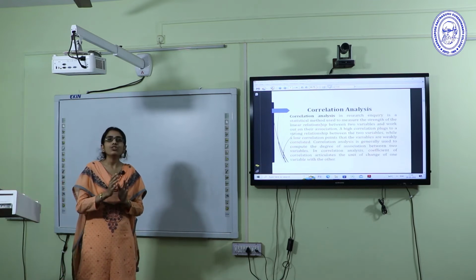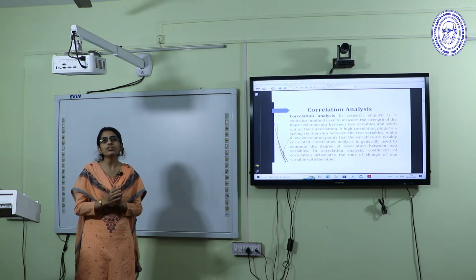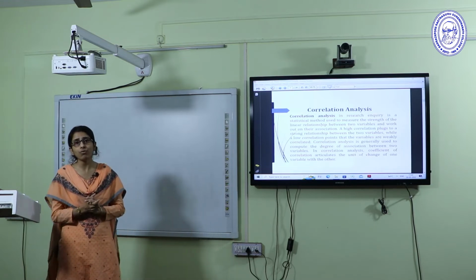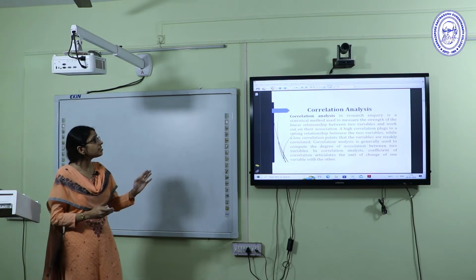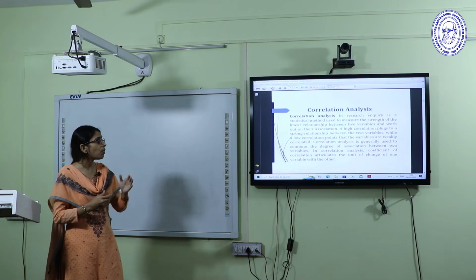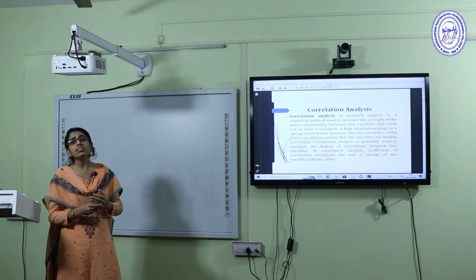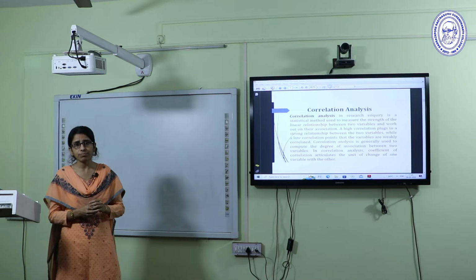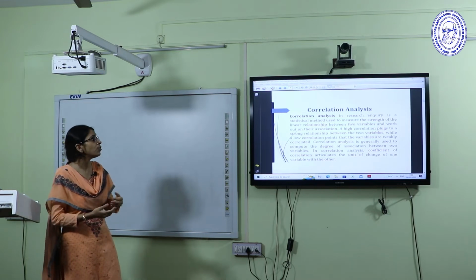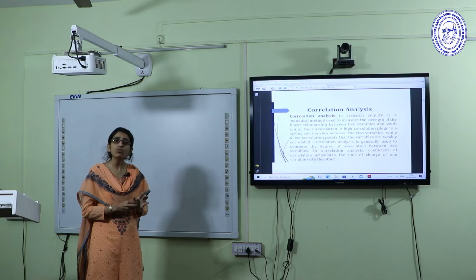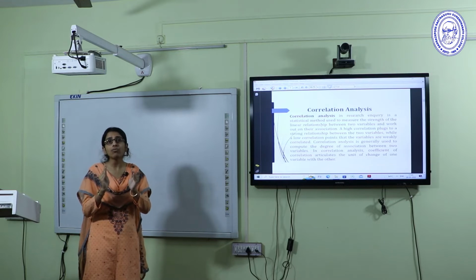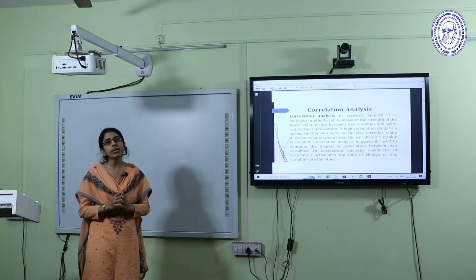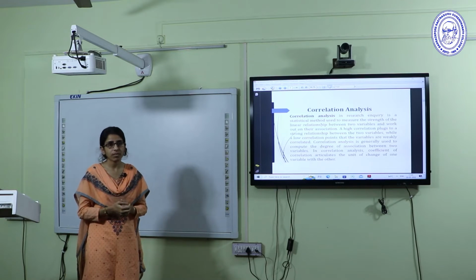Now we come to the actual or detailed definition of correlation analysis. Correlation analysis, in our research inquiry, is a statistical method or procedure which is generally used to measure the nature and form as well as the strength of the relationship between particular variables.